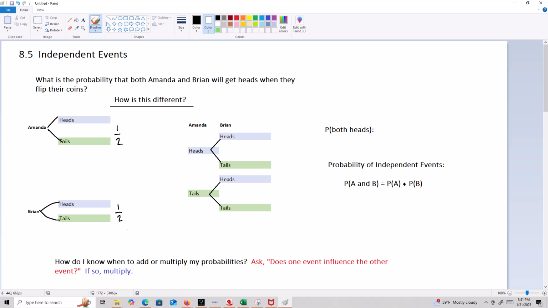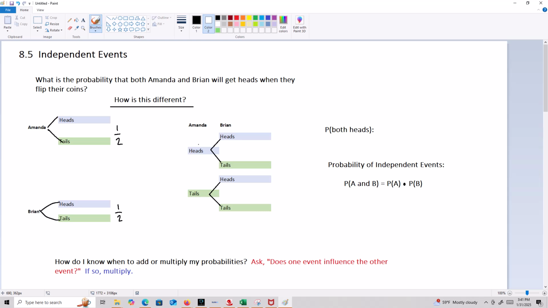Now before, we would just add up those partial probabilities and call it good. But that was when one of the events was dependent on the other. Here, these events are not reliant on each other.